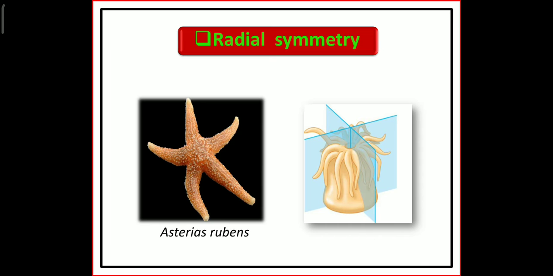If you look at the figure here, you can easily understand that the body can be divided into two equal halves along any axis, or more than one axis. Members of the phyla Echinodermata and Cnidaria are mainly radially symmetrical animals. This is an example of Asterias rubens, which is under the phylum Echinodermata.